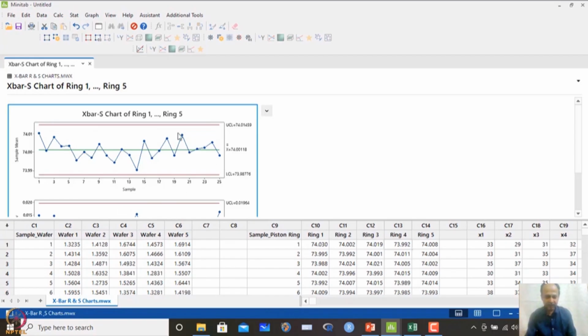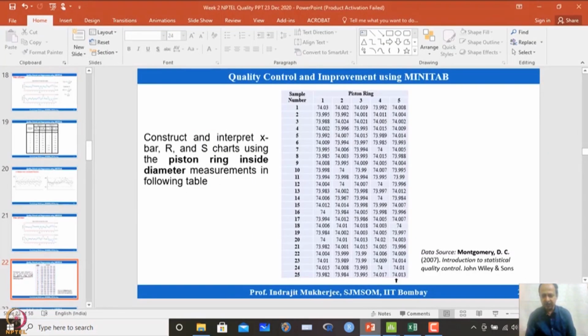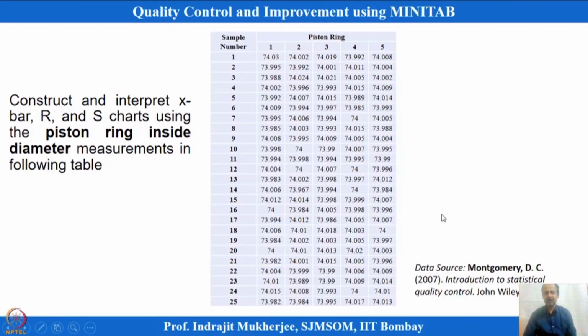Now, this is based on a data set. What happens is that control chart has to be implemented in the process, and for that what is required is that we need to give some prior limit lines. This may be the first time you are collecting observations. So, inside diameter measurements are taken, 25 samples, and everything is in control.